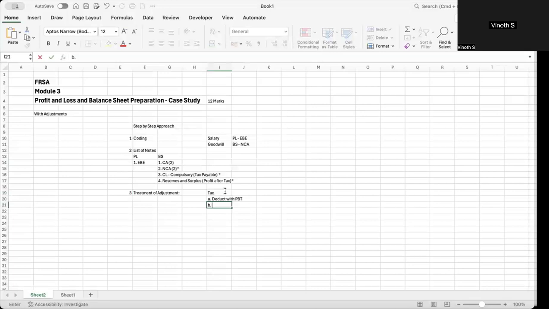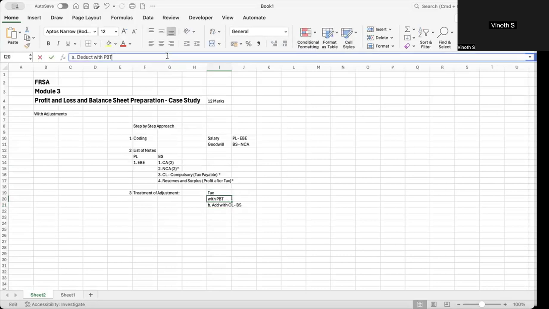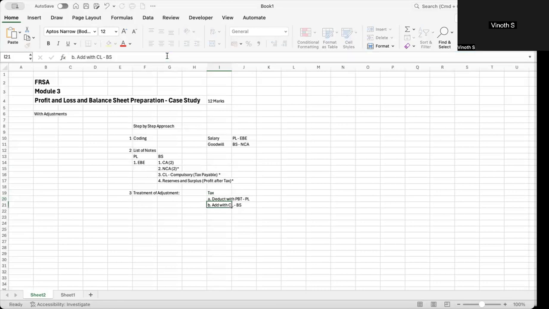Second, where will it reflect? Usually an adjustment reflects in 2 places. One is the deduction from profit before tax, which is with the profit and loss statement. Second, this amount is added to current liability, which is in the balance sheet.